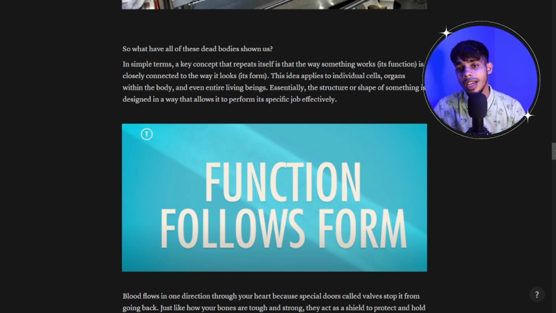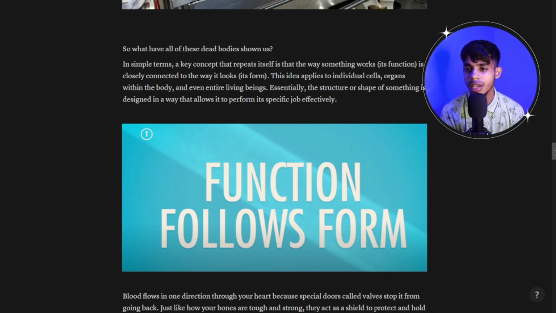So what have all of these dead bodies shown us? From the 17th and 18th centuries, a lot of people have been dissecting bodies, studying, understanding, and taking observations. What it has shown us, in simple terms, is a key concept that repeats itself: guys, function follows form.